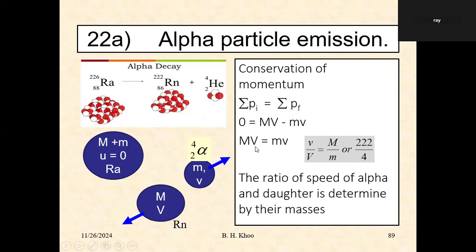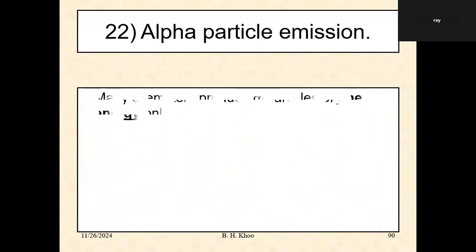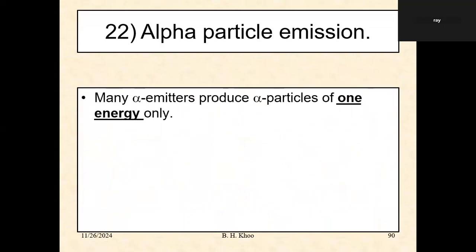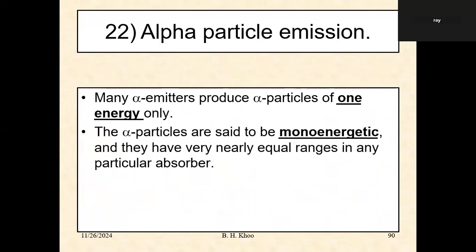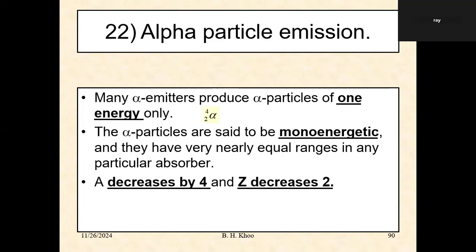Very straightforward. Not like beta. Many alpha emitters produce alpha particles of one energy only. Alpha particles are said to be monoenergetic, and they have nearly equal range in any particular absorber.